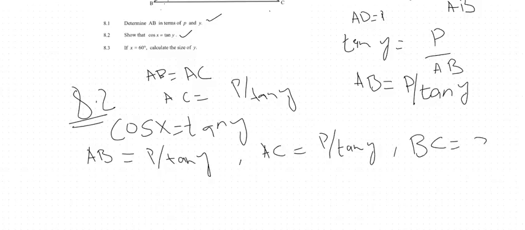So what do we have to do? Since triangle ABC is an isosceles triangle and AB is equal to AC, the base angles are equal, so angle ACB equals angle ABC, which is equal to x.